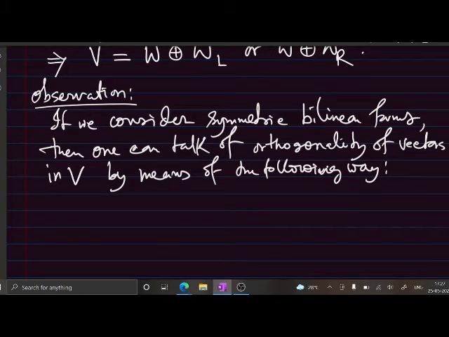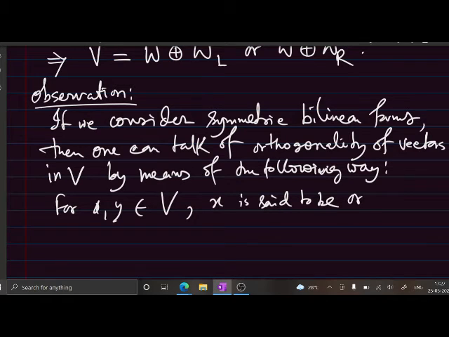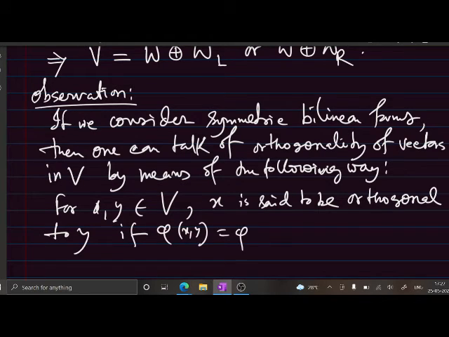That is, for x, y two vectors in V, x is said to be orthogonal to y if phi of x y equals 0, which is denoted by x perp y.